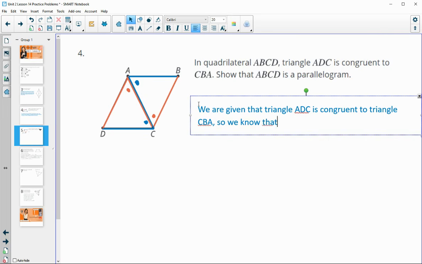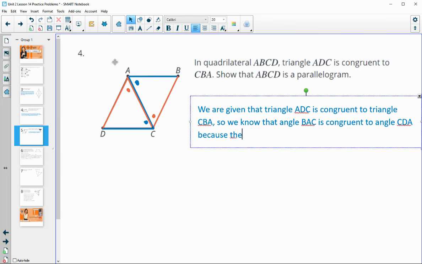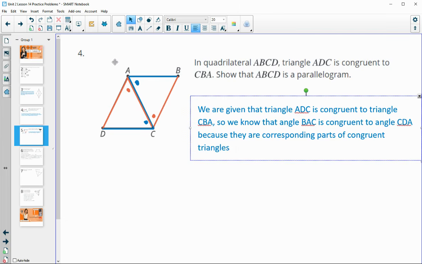So we know that angle BAC, that top blue one, is congruent to DCA because they are corresponding parts of congruent triangles. Angle BAC and CDA are alternate interior angles.